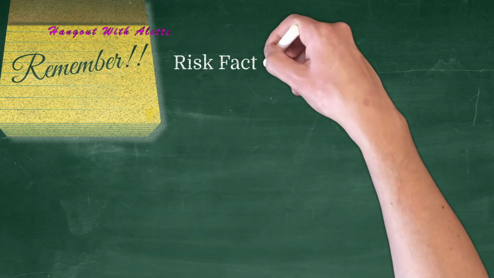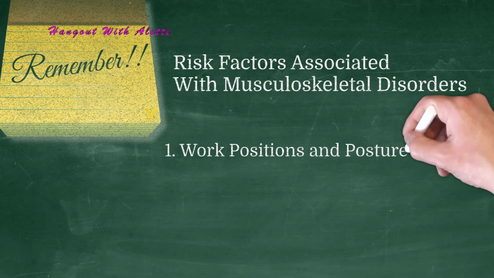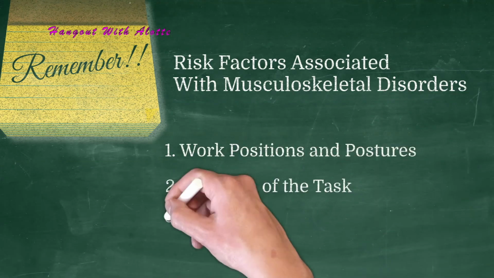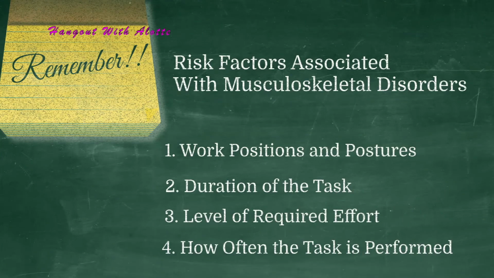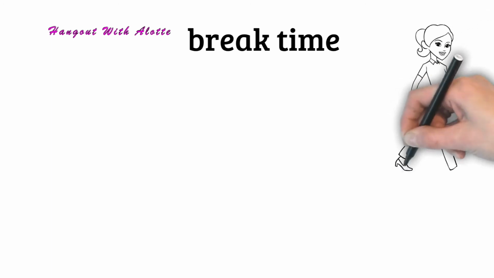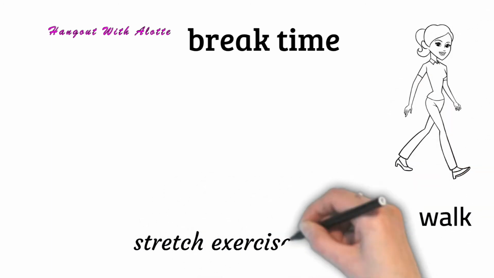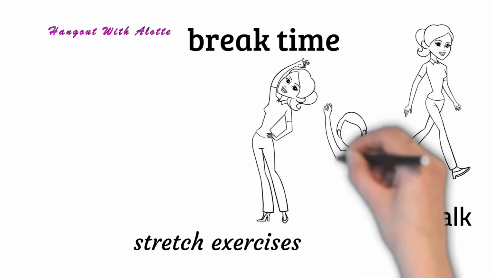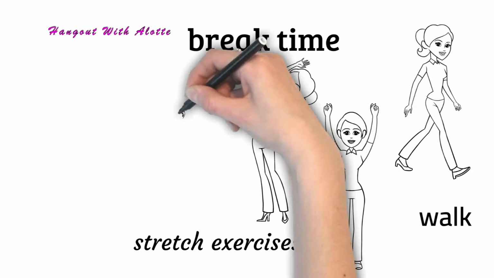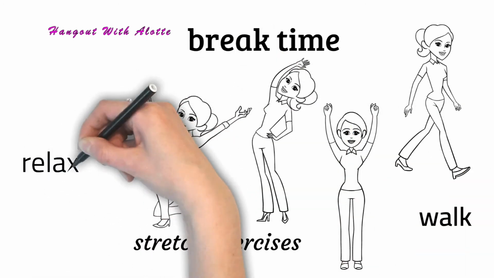So remember, risk factors associated with musculoskeletal disorders are work position and posture, duration of the task, level of required effort, and how often the task is performed. During your break time, you may want to do some walking and some stretches as well, like these positions: bending to the side, raising your arm up, or bending your knees.